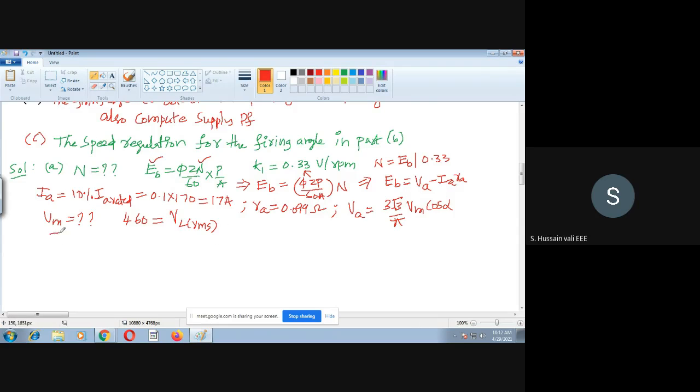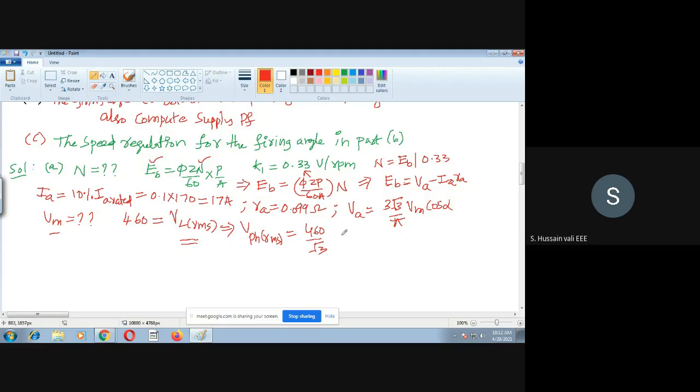But Vm is the maximum of the phase voltage. So how do you convert? First, this is the RMS value of the line voltage, so I want the RMS value of the phase voltage. You know very well the line voltage is root 3 times the phase voltage, so 460 divided by root 3 is the RMS phase voltage.